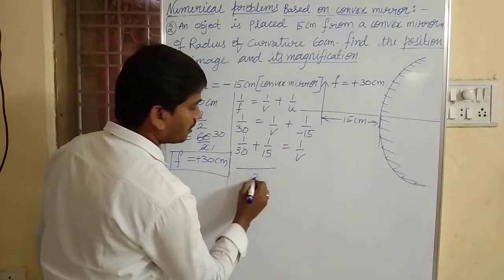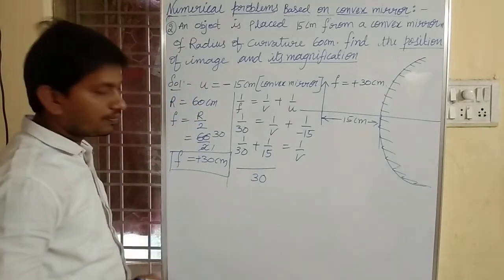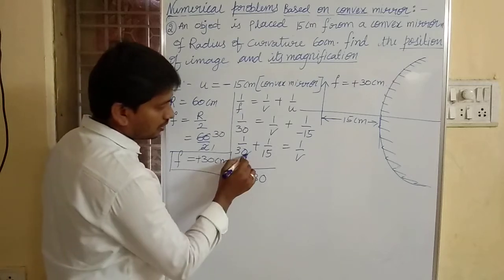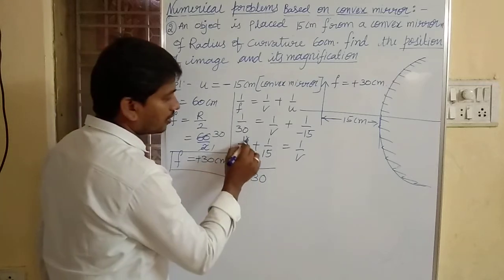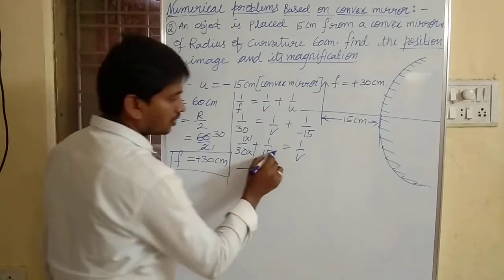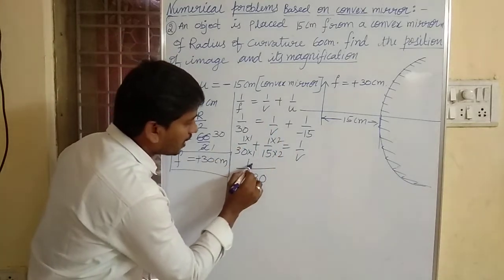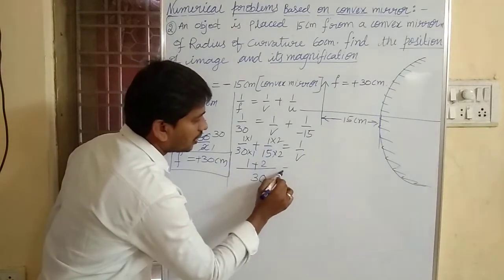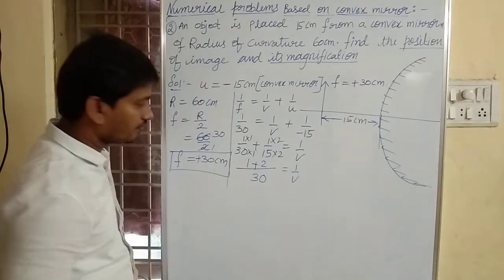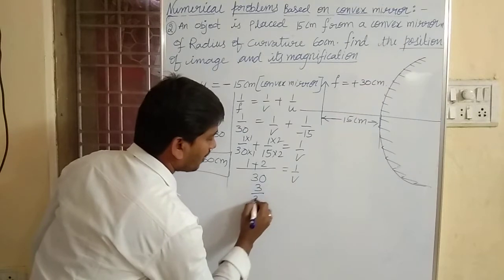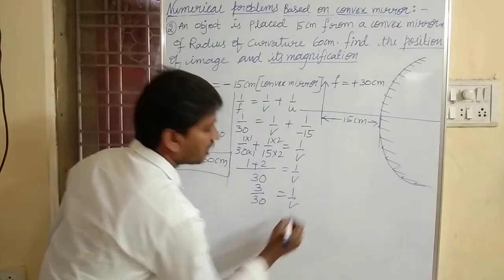LCM of 30 and 15 is 30 only. 1 by 30 plus 2 by 30, that is 1 plus 2, 3 by 30 equal to 1 by v.